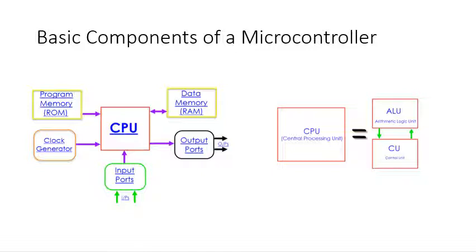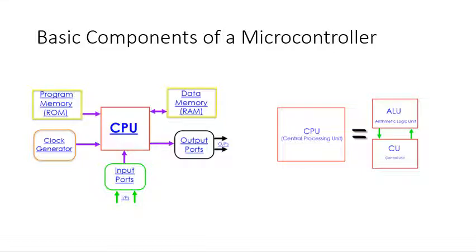Modern program memory modules are generally made up of electrically erasable programmable read-only memory, that is EEPROM, which is a type of non-volatile memory. In this type of memory, the data can be erased and reprogrammed using special programming signals. When the microcontroller is powered on or manually reset, the processor executes a set of instructions from a predefined memory location in the program memory.